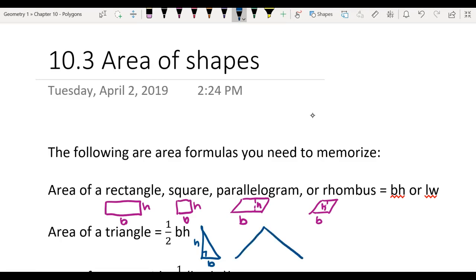Of a regular triangle, your height goes through the middle, your base is the bottom. So your base would go from there to there. And the last one you're going to see today is an obtuse triangle, where your base is here and your height is a dashed line outside of your shape. So those are the 3 triangles that you're going to see today.